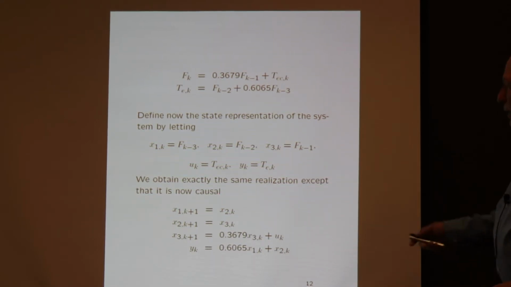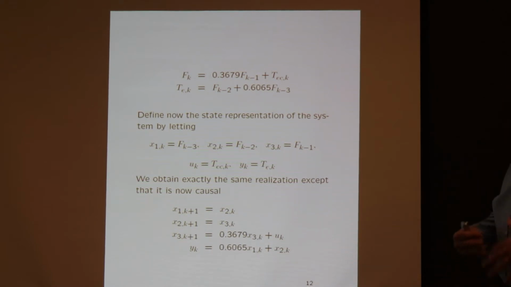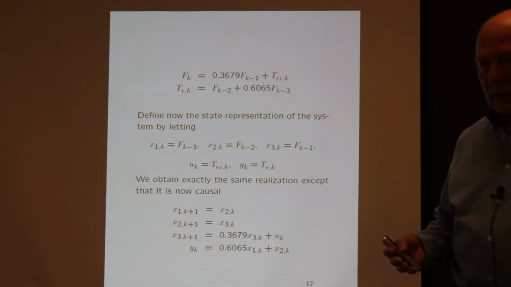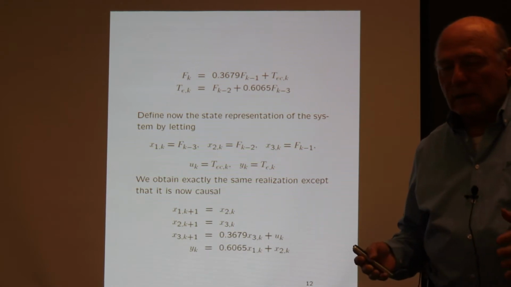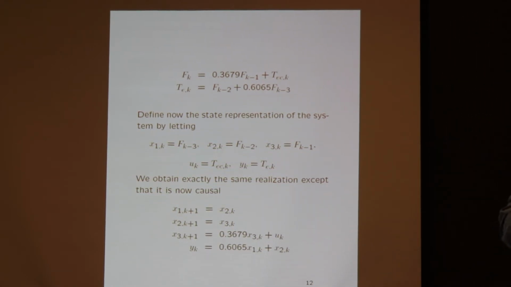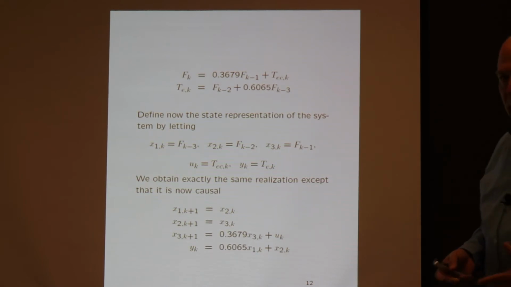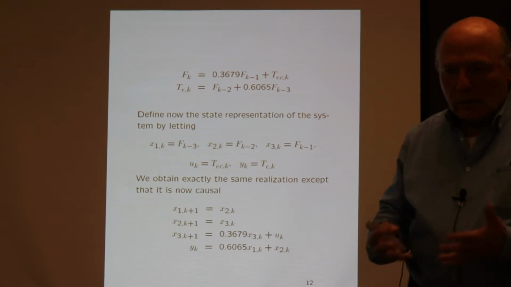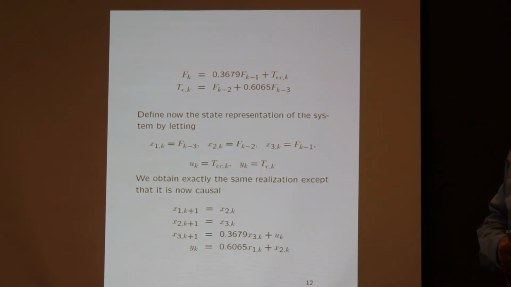So the lesson here is that the state space representation is invariant, in a sense, from the viewpoint of flatness, whether the flatness variable is non-causal or causal, whether it depends on the future or on the past. The state space representation will be the same. So you can use the traditional representation in order to do design.